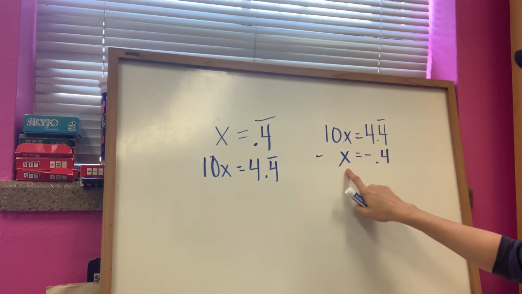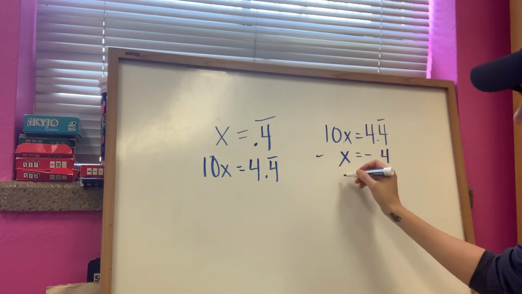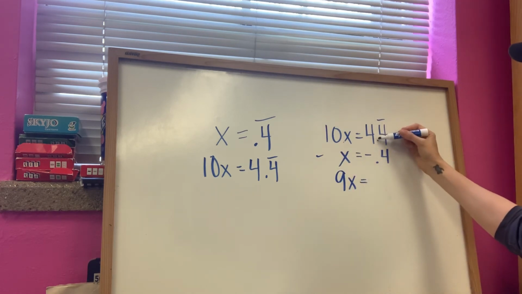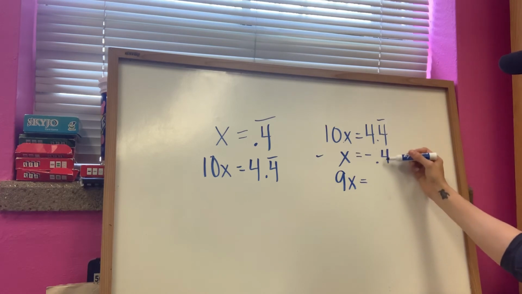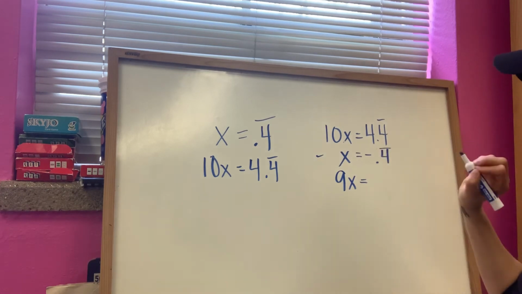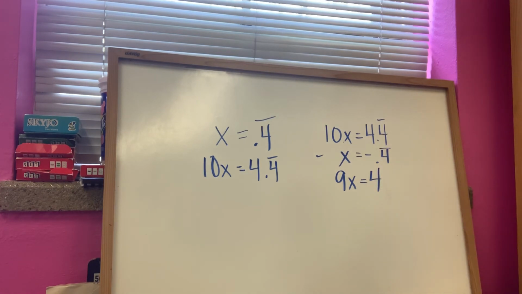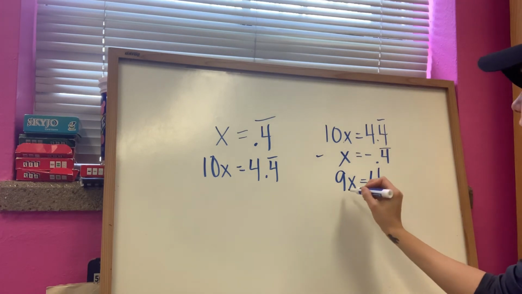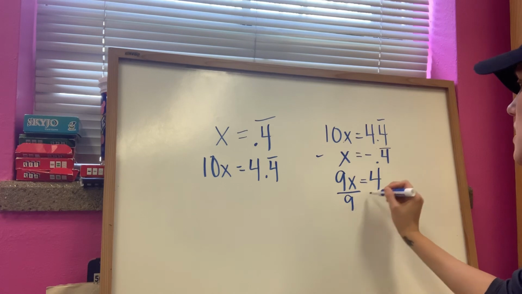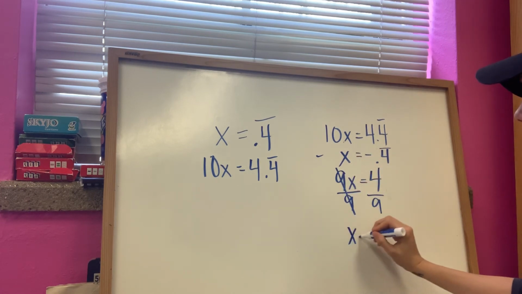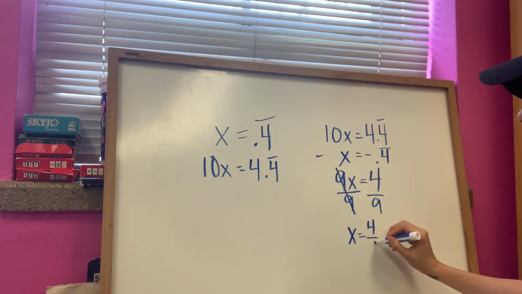Okay, so 10x minus just this 1x would give me 9x. And then 4.4 repeating minus 0.4 repeating would just give me 4. And then I'm going to go ahead and solve for x. Divided by 9, divided by 9, cancel, and then I would get x equals 4/9.